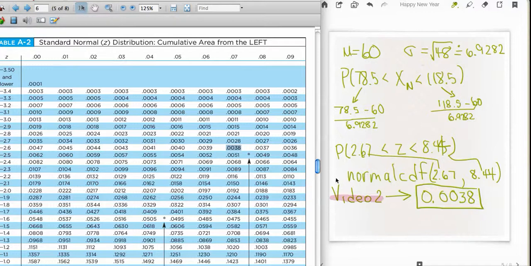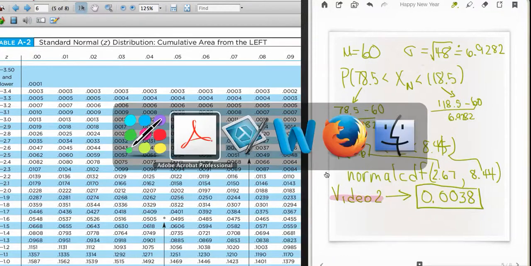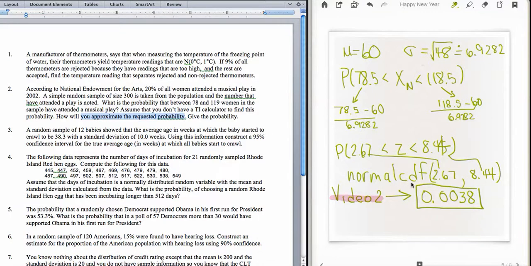Now, if we do indeed have a calculator, which we obviously did because I used it, we could actually find the exact probability of this binomially distributed random variable.